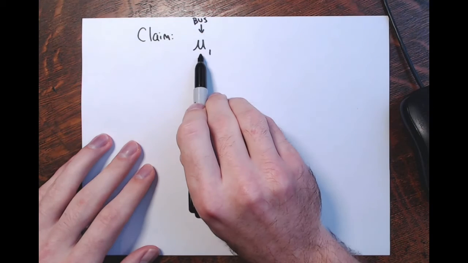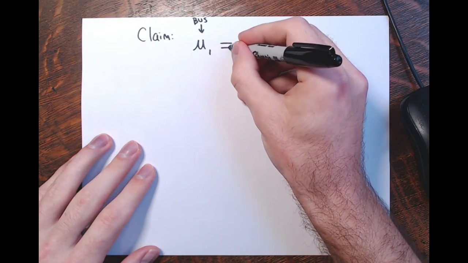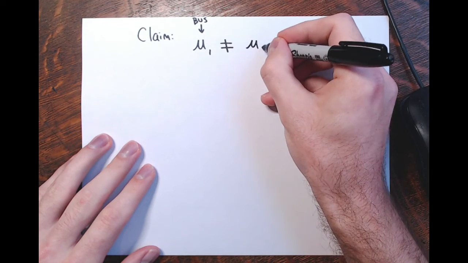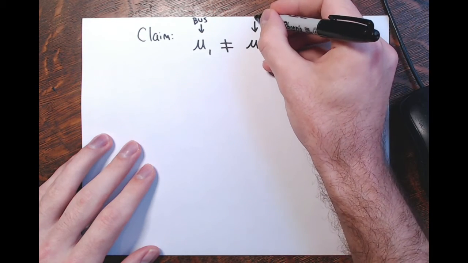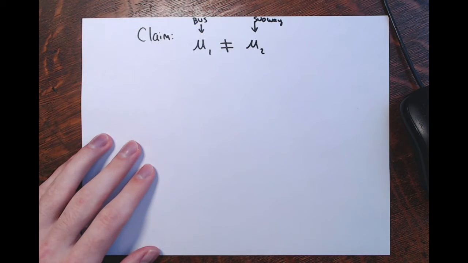So the average commute time for people who take a bus, he's claiming that it's different than, so just not equal, the average commute time for people who take the subway. And that's going to be mu2.